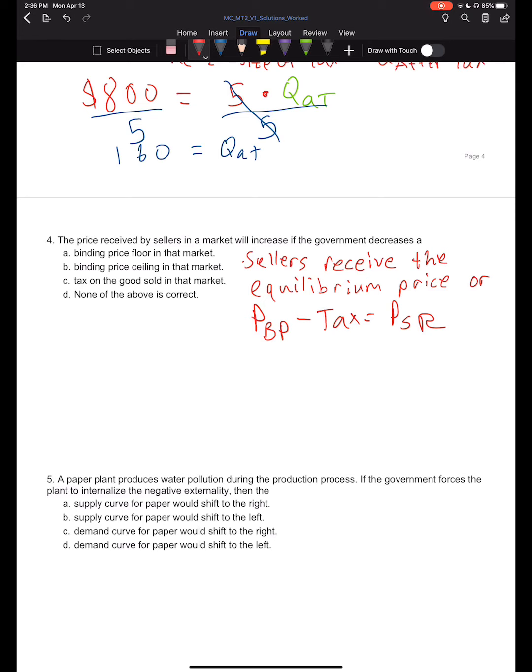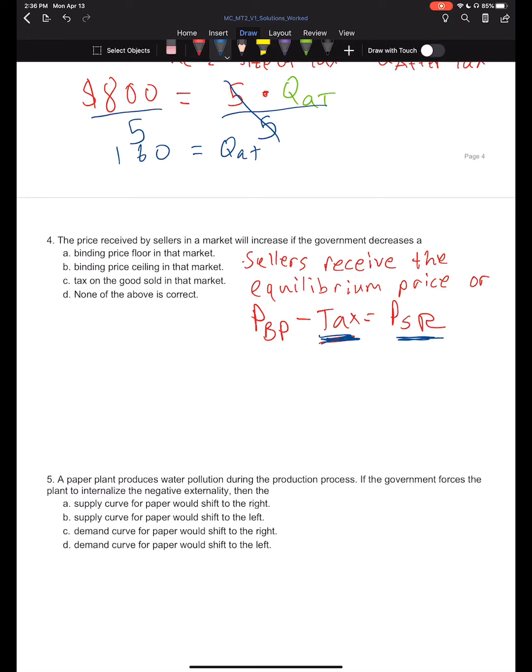So the price sellers receive in a market will increase if the government decreases A. Well, if we're subtracting this tax out and we make that tax smaller, what happens to the right-hand side of this equation, the price sellers receive?